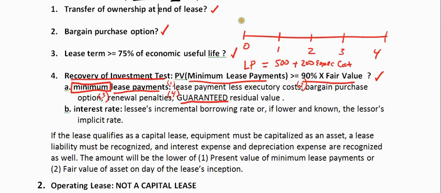Then you would just have 500, 500, 500, 500, like that. If you had a bargain purchase option, the dollar amount of the option would be here. If you had renewal penalties, it would be like that. And if you had guaranteed residual value, it would be there.